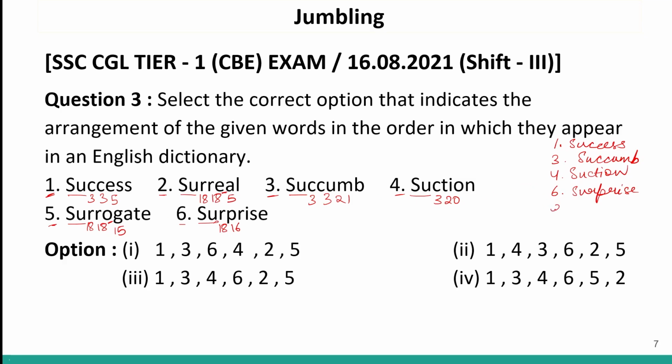So the next word will be surreal. And over here, the next word will be surrogate. So the correct sequence will be 1, 3, 4, 6, 2, 5. And this is given in option number 3. So option number 3 will be your correct answer. Clear?